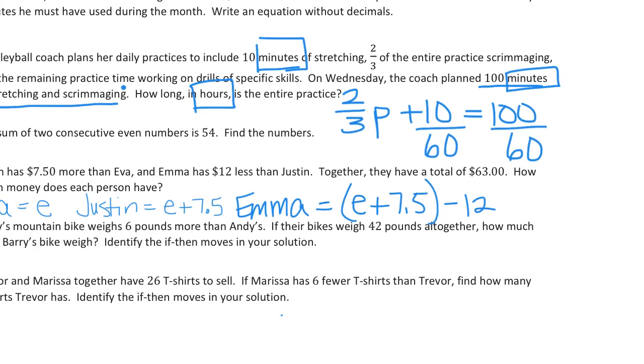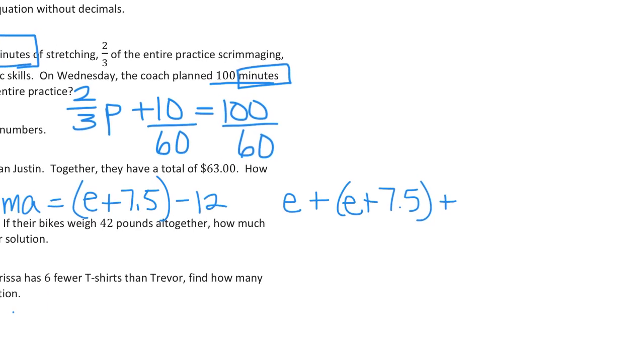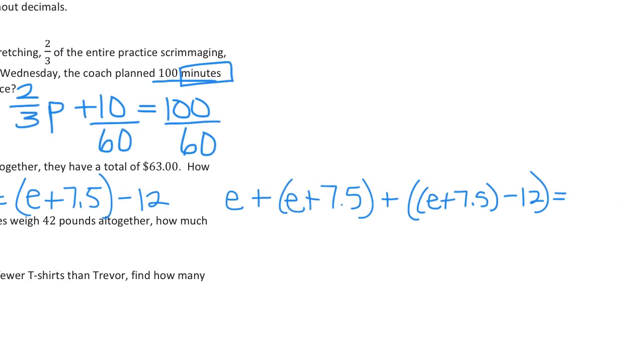So I'm going to take all of those that we just put together: E for Eva, and E plus 7 5/10 for Justin, plus Emma's, which was E plus 7 5/10 minus 12. And all of that equals the total of 63.